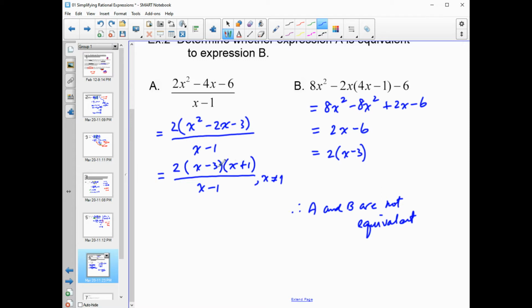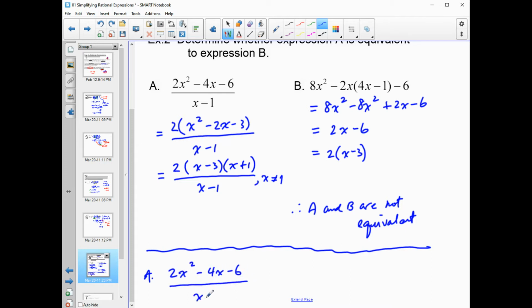Now, what I think might have been the intent of this example, and maybe I'll even go back and change this note. What if we change A into what I think it was intended to be, which is 2x squared minus 4x minus 6 over x plus 1.